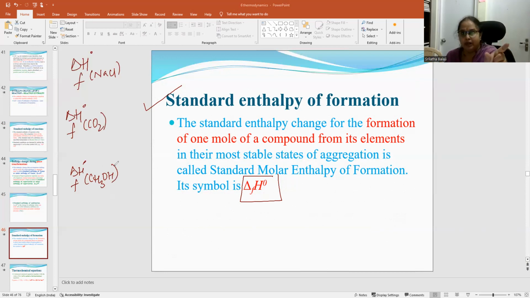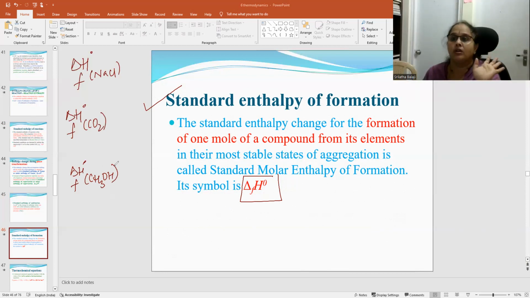So from the symbol, you should be in a position to interpret. You should be in a position to deduce the equation. That's a very, very important exercise. If you go wrong in that, your entire numerical will go wrong. This type of question is almost probable or certain, whether it's in your PU boards or in any competitive exam.